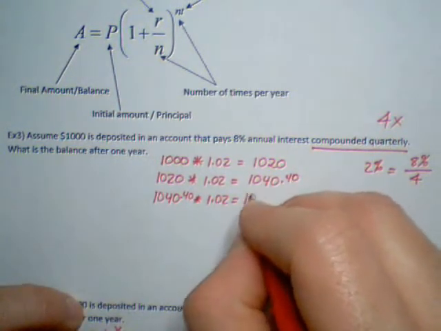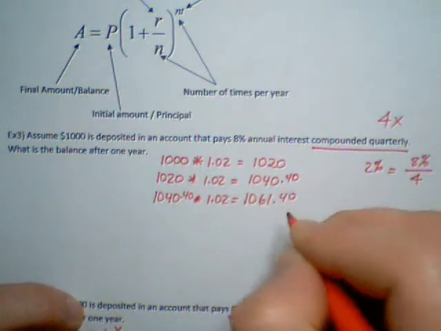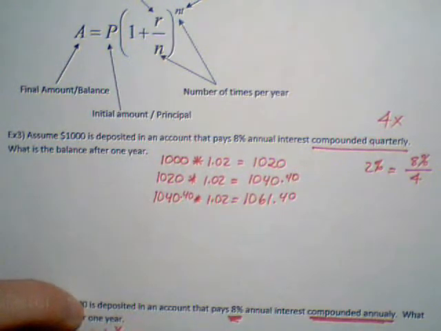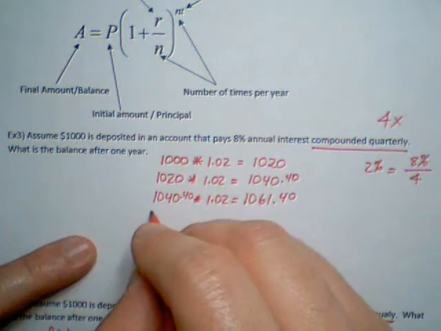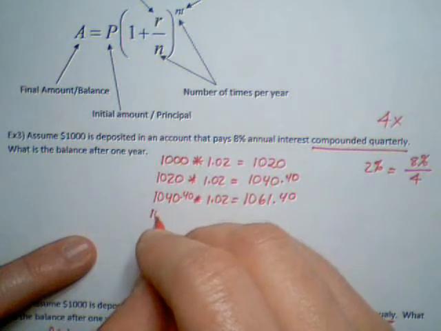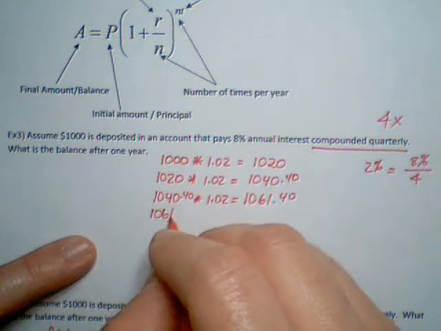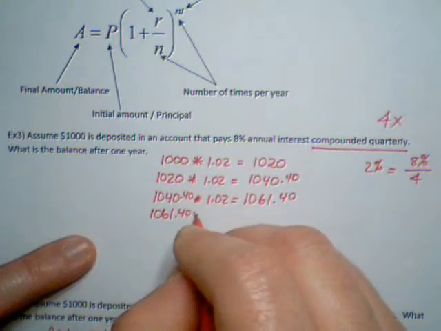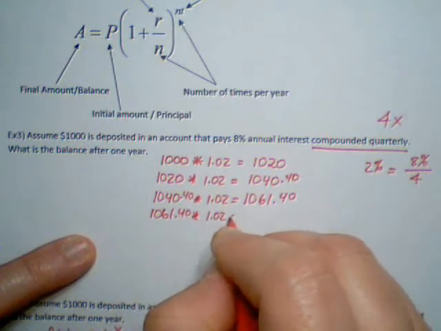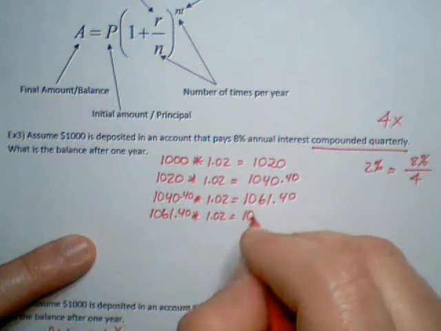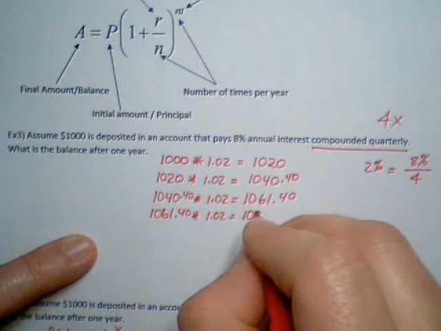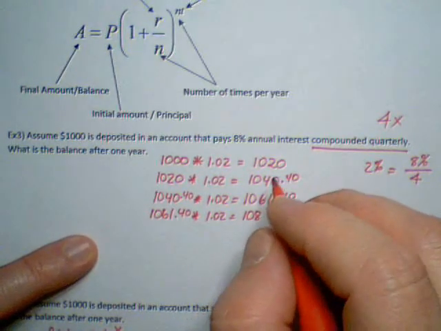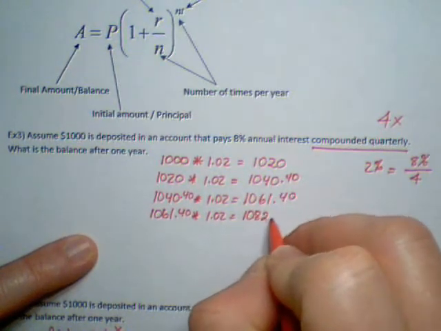So this time you have $1,061.40. And the following January goes by, and now it's time to make the final payment. So you're going to have now in your bank account $1,082.43.